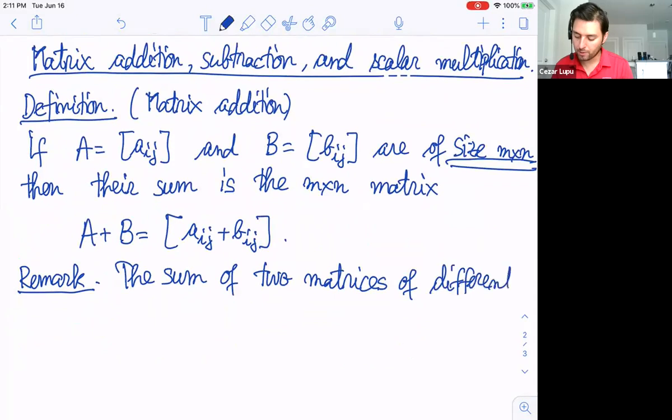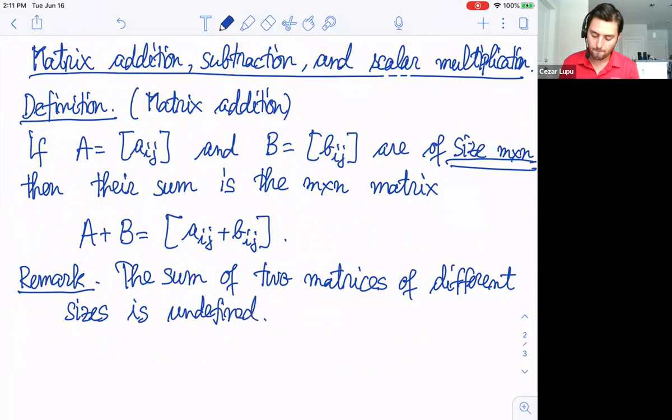Like I said, you can add two matrices only if they're of the same size. Let me give you a quick example.